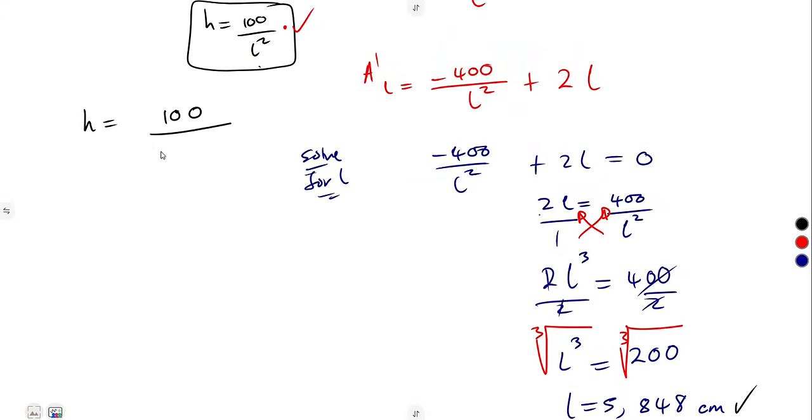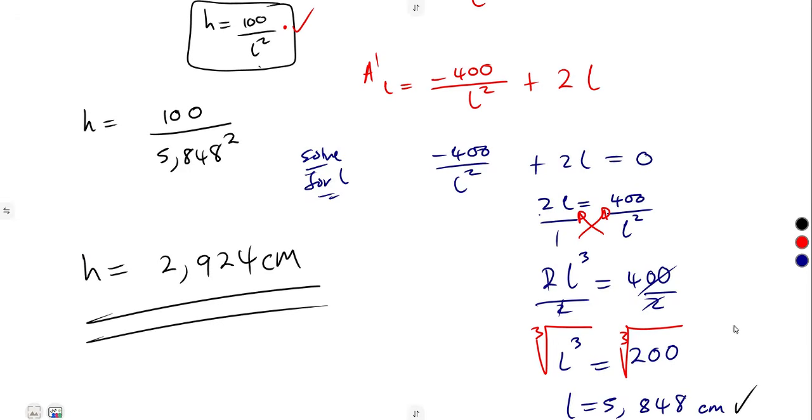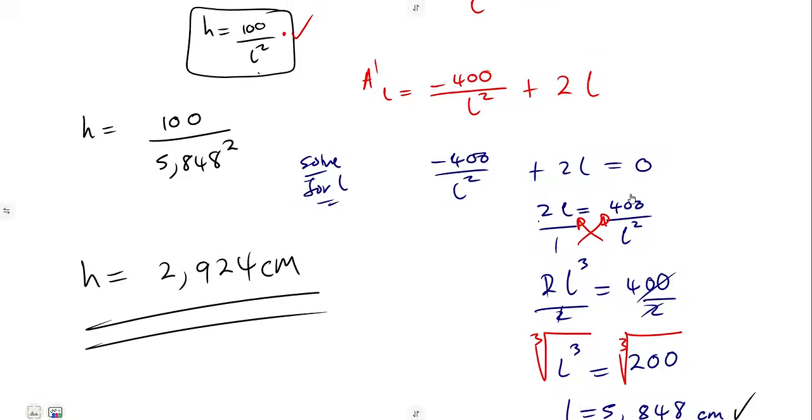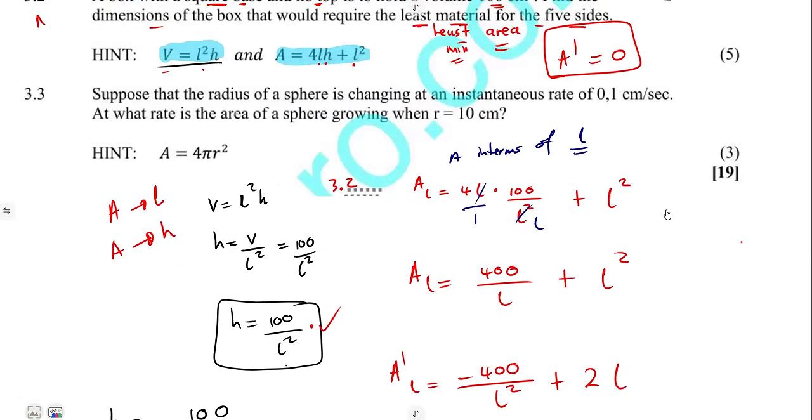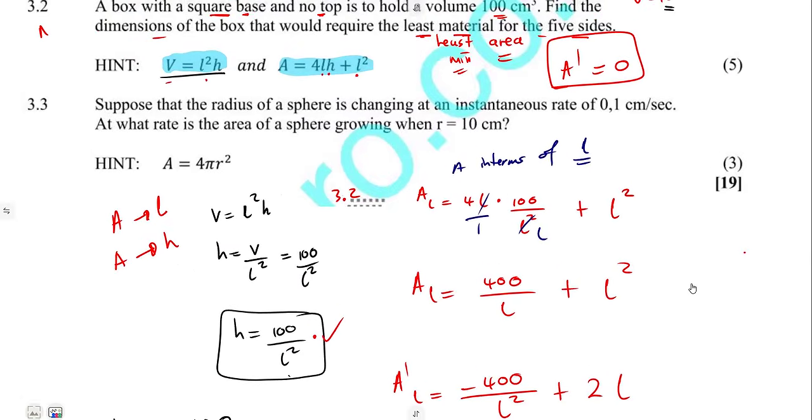This is our L, 5.848 squared. So that is going to give us the height at 2.924 in centimeters as well, just like the length that we had. So that was it, just basic. Basically, we just needed this information, 5 marks.